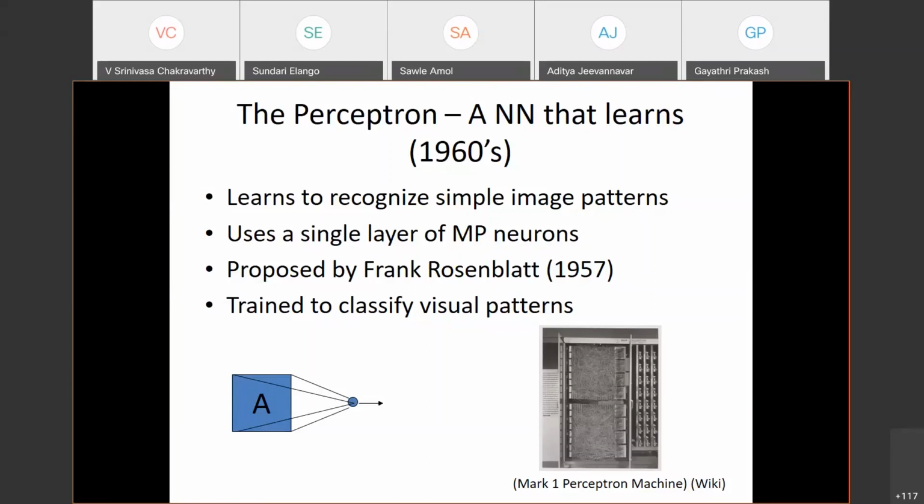The point here is they could be trained, whereas in the previous version, the multilayer conception, the weights had to be preset by some kind of mathematical analysis. In Rosenblatt's machine, the weights are automatically trained. You don't have to preset them. He called it the perceptron so that it would have a nice ring to it, because it's a perceiving machine.